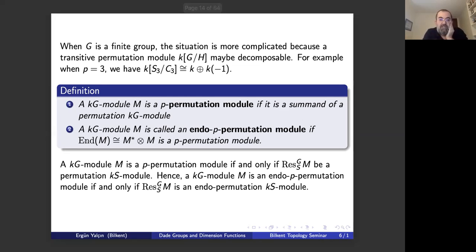So what I said before: a K G module is p-permutation, that is, a summand of K G over H, if and only if its restriction to a Sylow p-subgroup is a permutation K S module. This is easily proved by induction. So endo-p-permutation modules can also be specifically described like that: a module is an endo-p-permutation module if its restriction to a Sylow p-subgroup is an endo-permutation module.